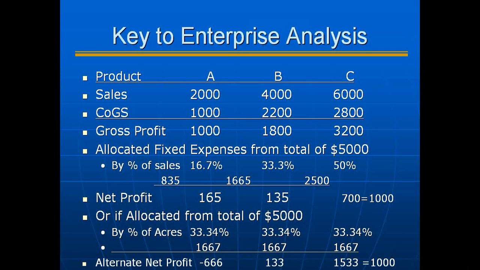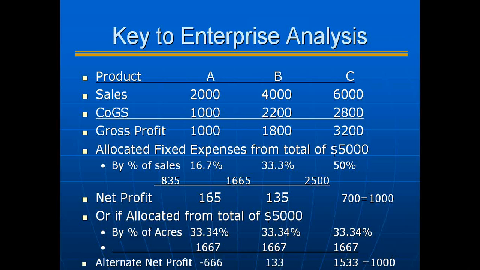Now, we're allocating fixed expenses, so we've got $5,000 worth of fixed expenses, and if we do that by percentage of sales, we can see that the asparagus is 16%, we've got about a third in the broccoli, and about 50% in the carrots. And we allocate that out, and that line didn't transfer over right, but the net profit down below, you can see, is lower for the broccoli than it is for the asparagus, and that's because those costs of goods sold were higher.